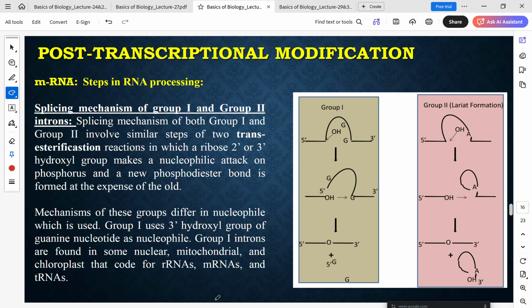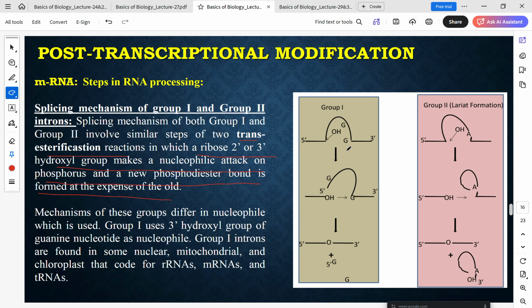In case of group 1 and group 2, the splicing mechanism involves a trans-esterification reaction in which a ribose 2' or 3' hydroxyl group takes a nucleophilic attack on the phosphorus and forms a new phosphodiester bond at the expense of the old one, thus excluding the intronic regions. There are slight differences between these two.